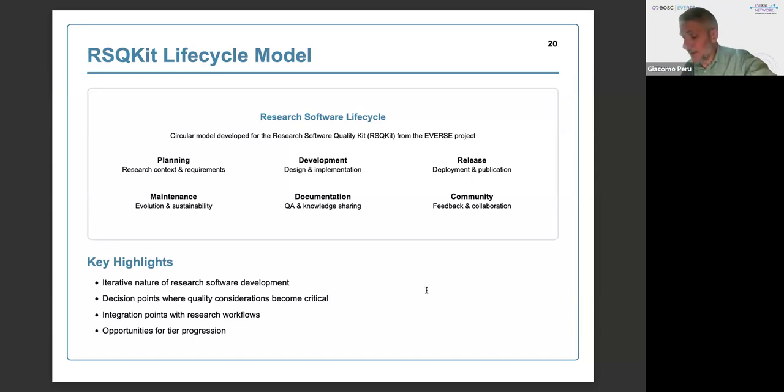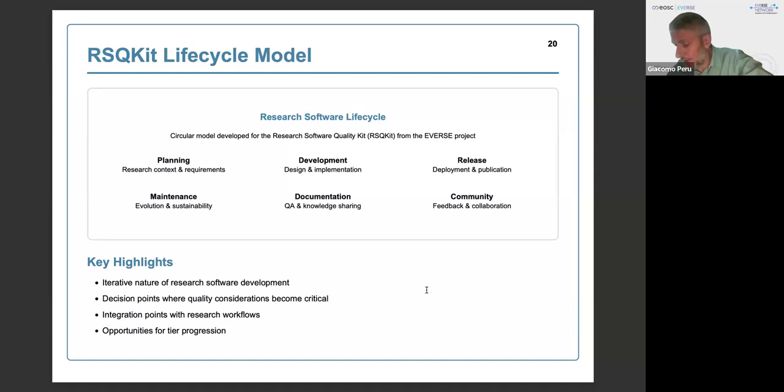This model particularly emphasizes the interconnected nature of research and software development, unlike traditional software development models that may separate technical and user requirements. The research context remains central throughout all life cycle stages, ensuring software development serves the research objectives effectively.